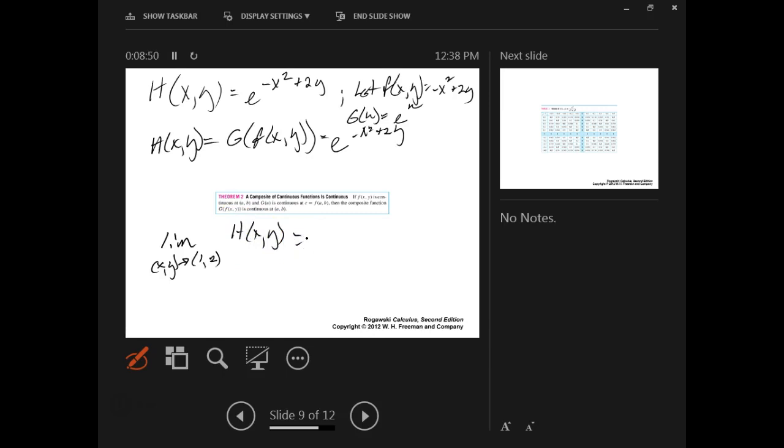Well, what would that be? You just plug it in. You really didn't need to write that as a composite, but we did. They told us to. What would this be? Which would be e to the 3.